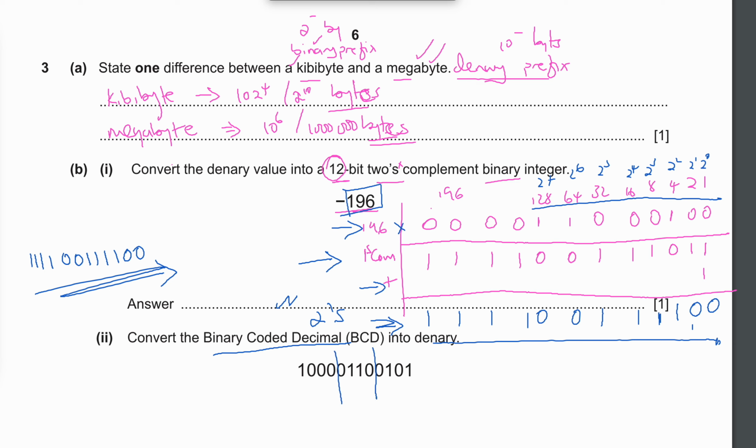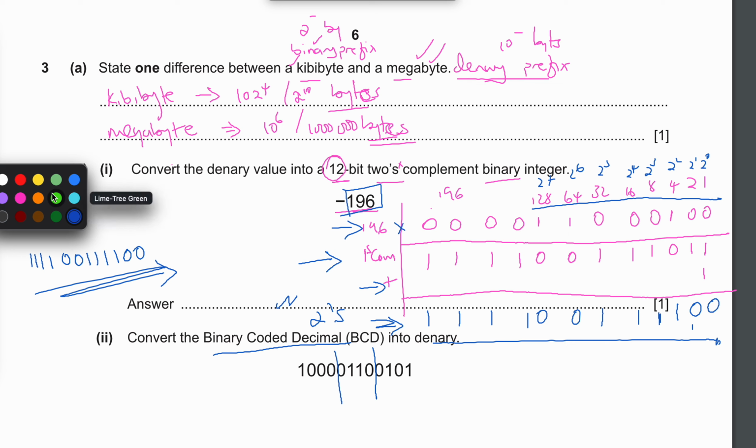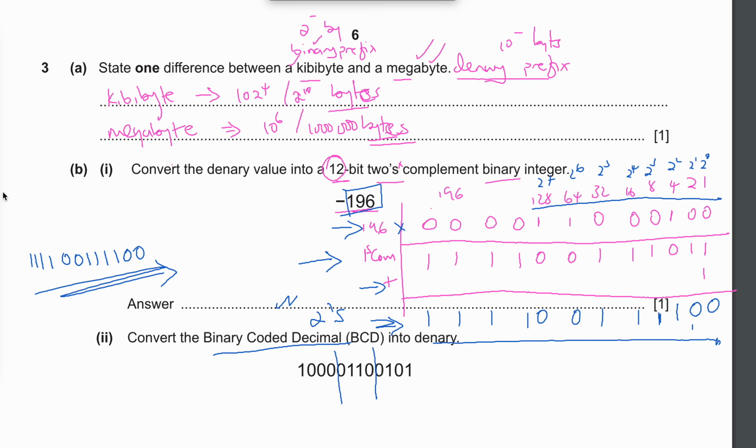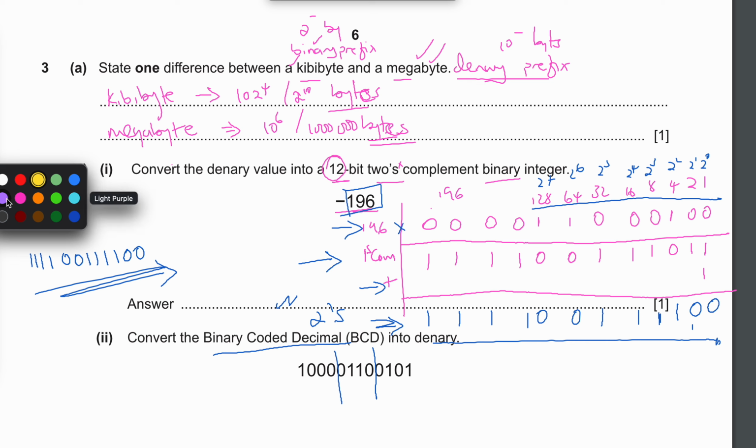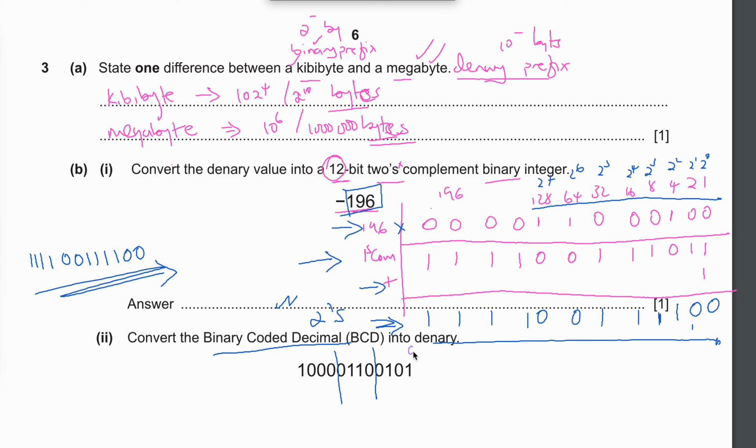Then you just convert these into denary. This is going to be a 1, a 2, a 4, and an 8. Again, 1, 2, 4, 8. Again, 1, 2, 4, 8.